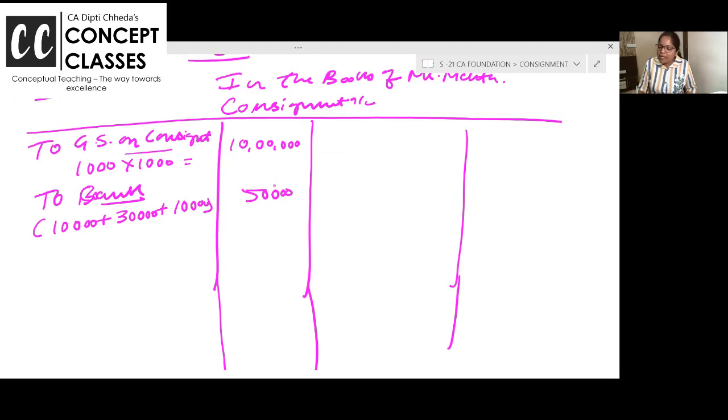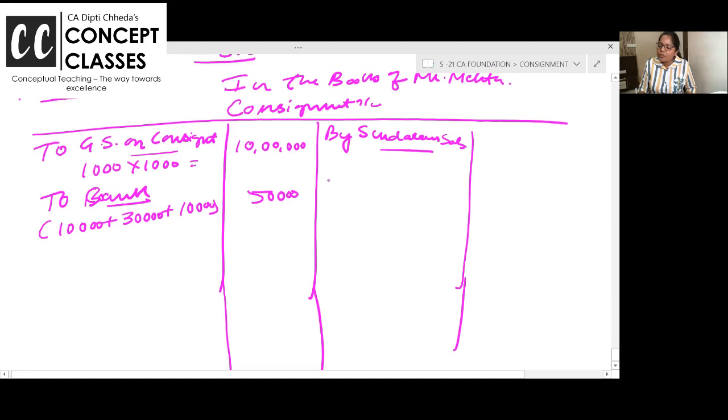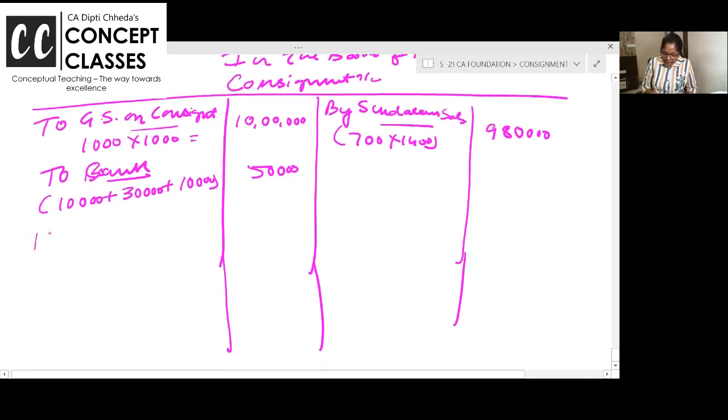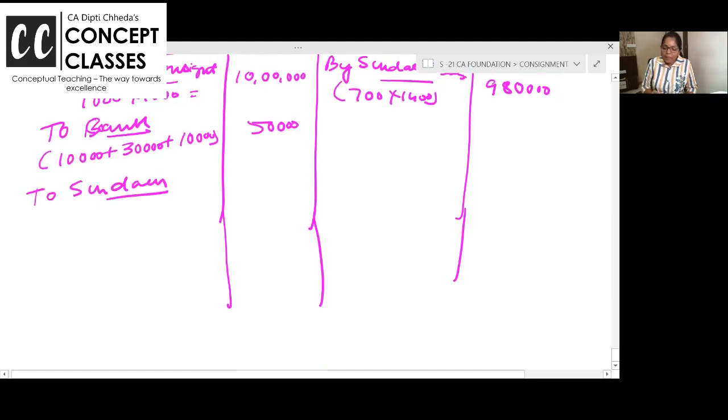Now, Sundaram has sold. By Sundaram, party to sales. Sundaram has sold 700 cases at 1,400. It is very easy. 700 into 1,400 is 9,80,000. Sundaram has incurred expenses, to Sundaram, expenses.